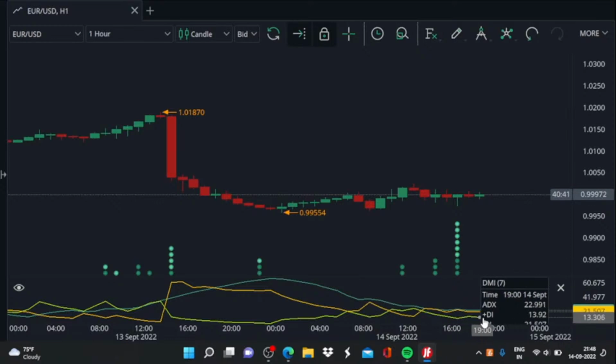So here these indicator values are being calculated using the last 7 hours of data. We have the candle period defined as hourly, and we have taken the calculation period to be 7. So we are approximately looking at 7 hours' worth of price movement in the Euro USD to make sense of its price momentum. And as you can see from these output values, it is showing that the momentum is not really there.